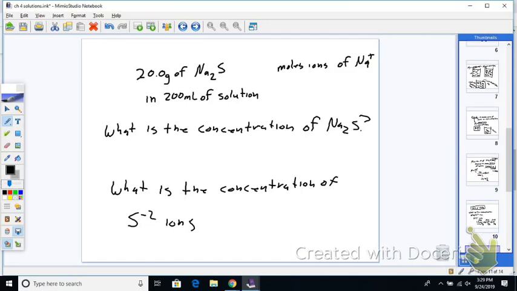The molar mass of Na2S is 78.03. Okay, so let's do that. That'll be your last thing you need to do.